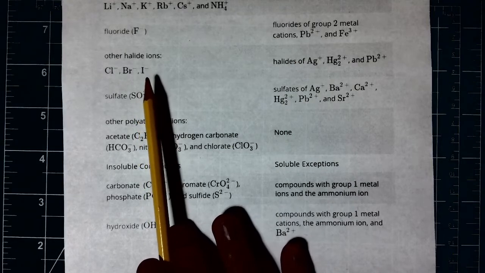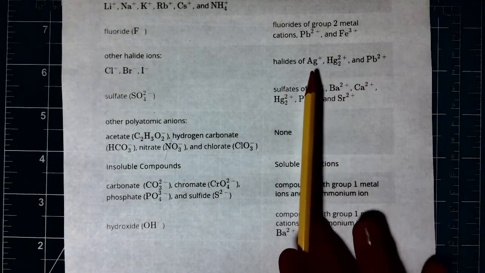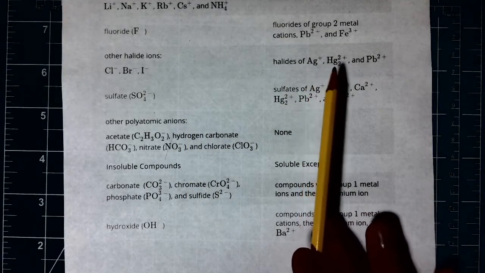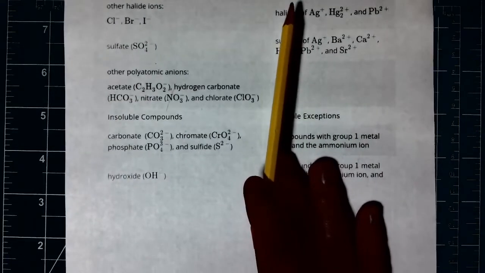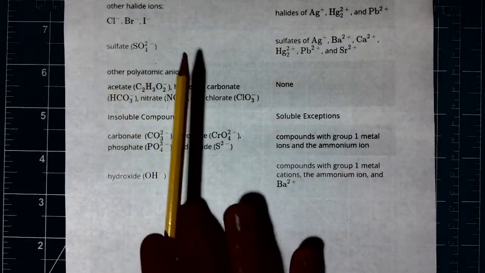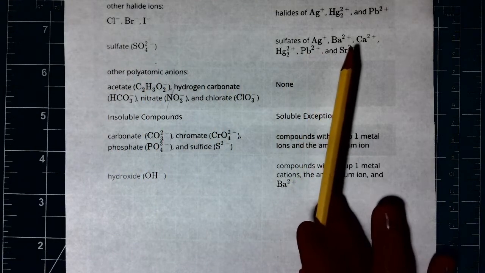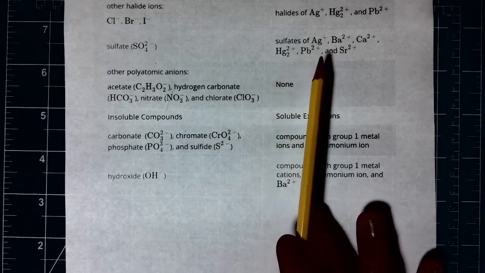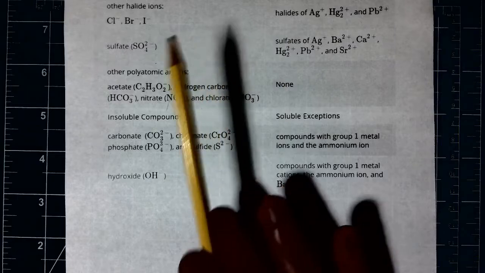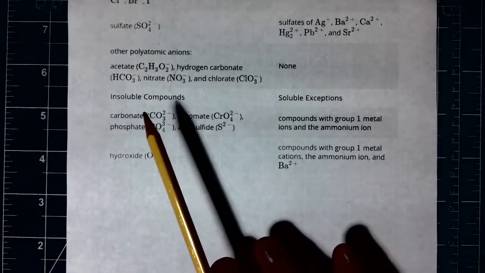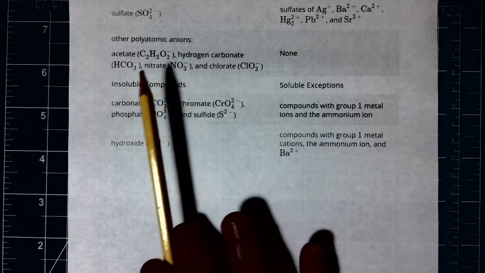It's going to be soluble if it has a chloride, bromide, or iodide anion, except in the case when you pair that with silver or mercury or lead. It's going to be soluble if it's a sulfate, unless you have silver or barium or calcium or mercury or lead or strontium. Typically, the other polyatomics are always soluble.